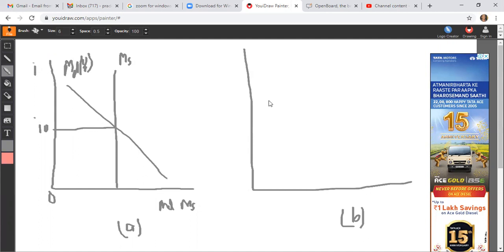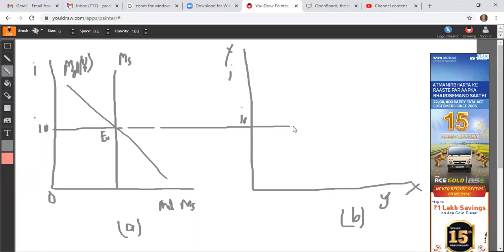And now, in panel B of this figure, we are deriving the LM curve. In panel B, along the x-axis, we show the income, and along the y-axis, we show the interest rate. So we are taking this first money market equilibrium, E0, and we are taking this interest rate to here, I0, and you have a level of income Y0 here, because along this demand for money curve, we have already stated that income is Y0.